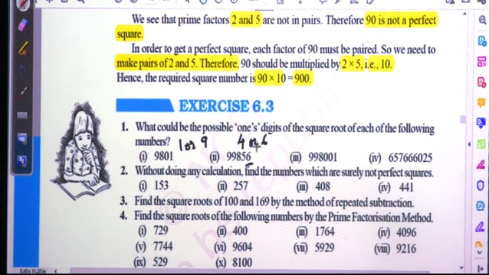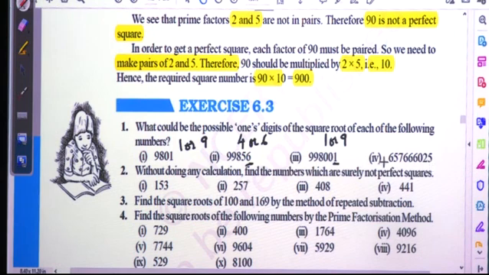It can be 4 or 6. As we have seen 1 or 9, similarly here 4 or 6. Now, see here, it is 1. Again 1 or 9, as we had seen in the first sum.